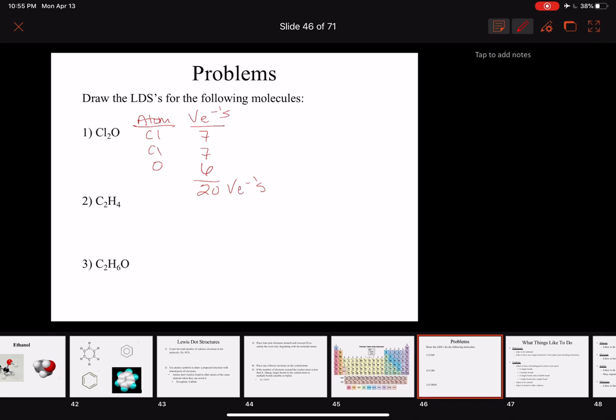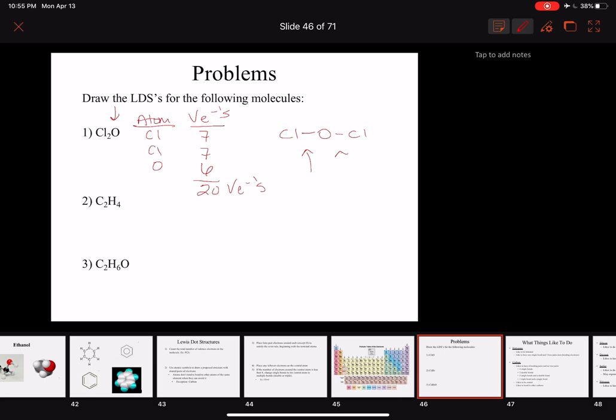The other way we could say that is that the atom that occurs least often is often the one in the center. So let's go ahead and stick oxygen in the middle and bond chlorine to each side of it, and see what we come up with, if that's the right structure or not. Now, how many valence electrons have we used up?